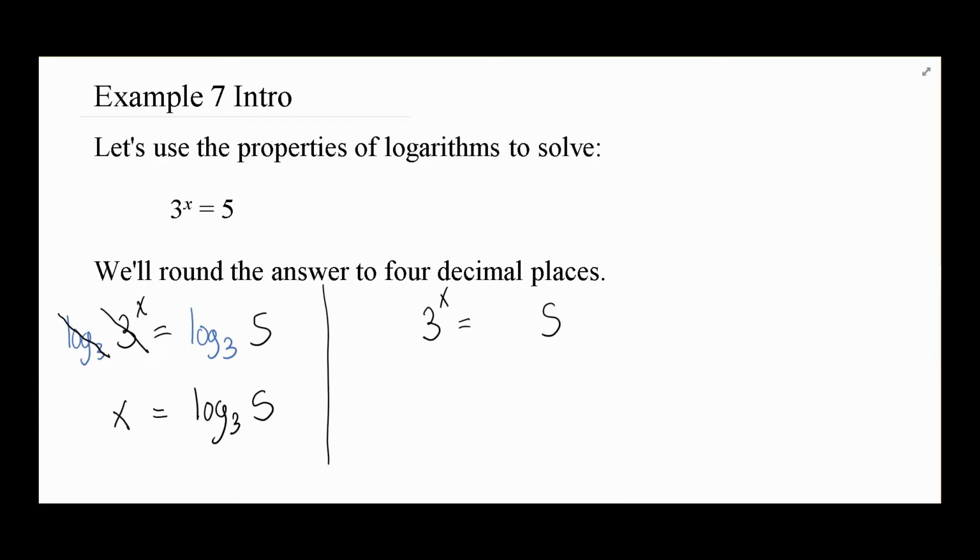Instead of taking log base 3 of both sides, which was a very ideal thing to do, we could say, let's use something that's in our calculator, common log. Now, common log doesn't undo 3 to the x, but I can use my properties of logs. Because I've got a property of logs that says if there's a log in front, we can bring that exponent down in front as a coefficient.